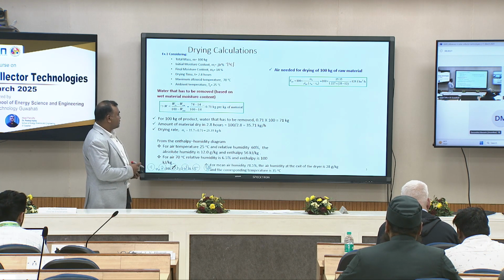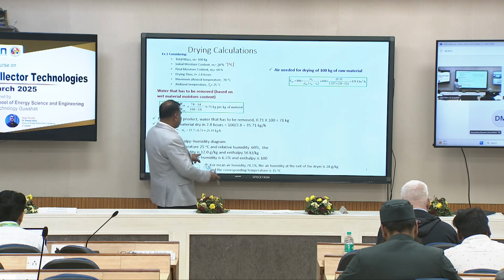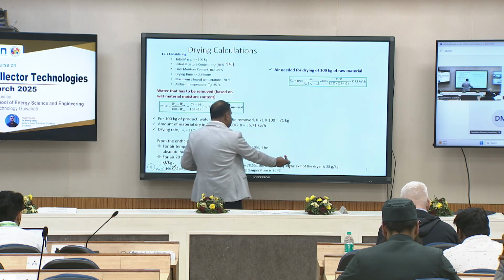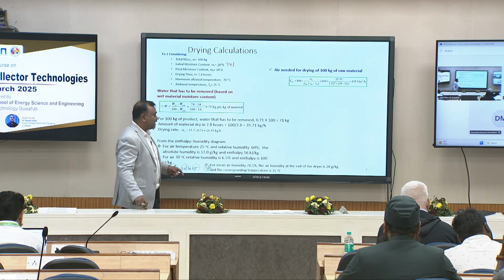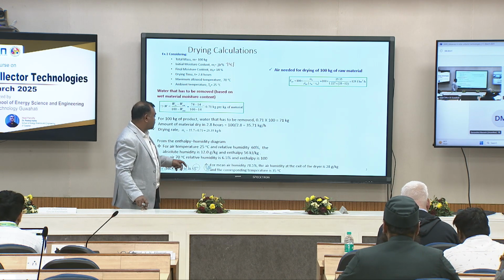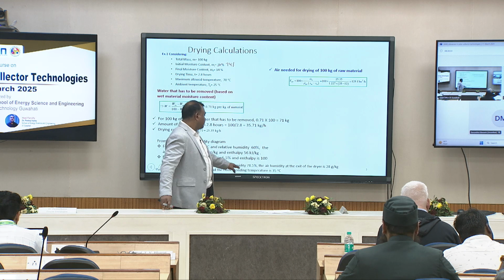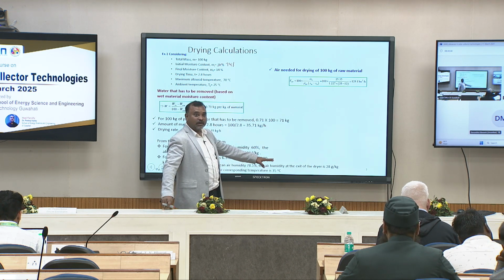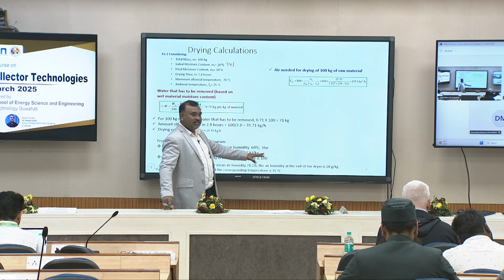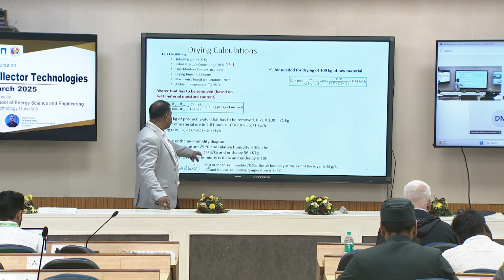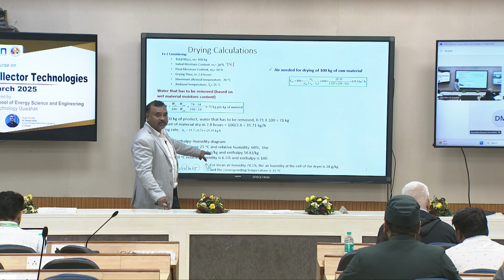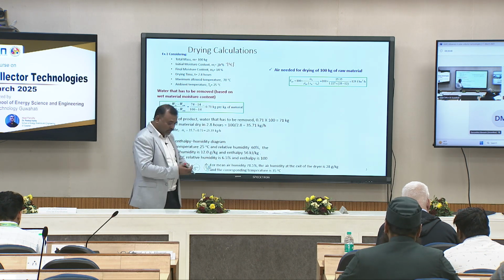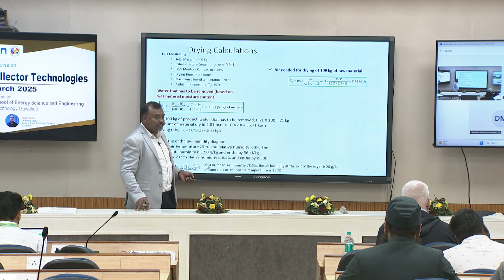Yes. So, this is 28 gram per kg, this is humidity at the exit of the dryer. And here we have 12 kg per kg, this is the absolute humidity. Okay. So, that is 28 minus 12, and from there you can find out what the air flow is.